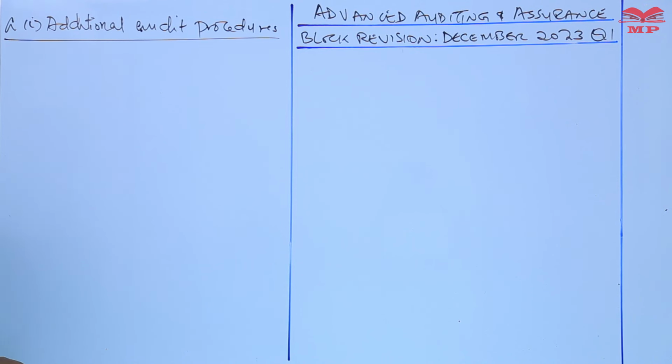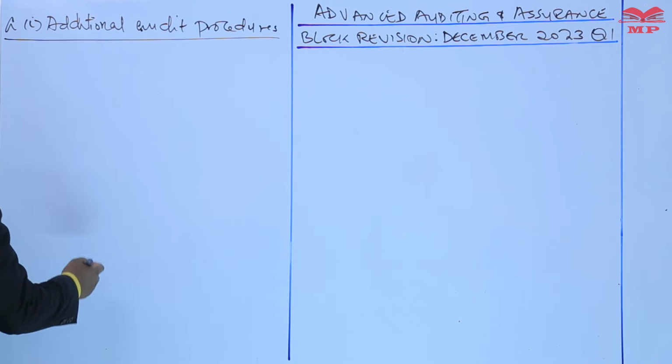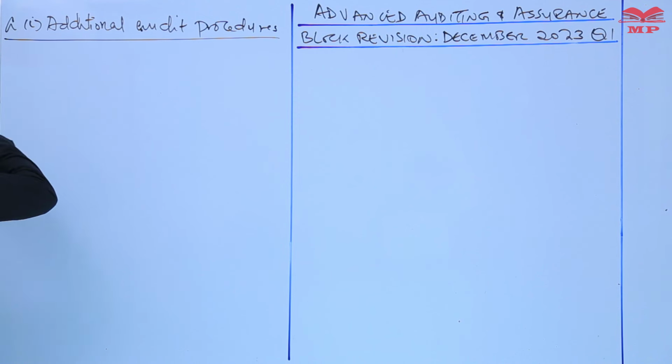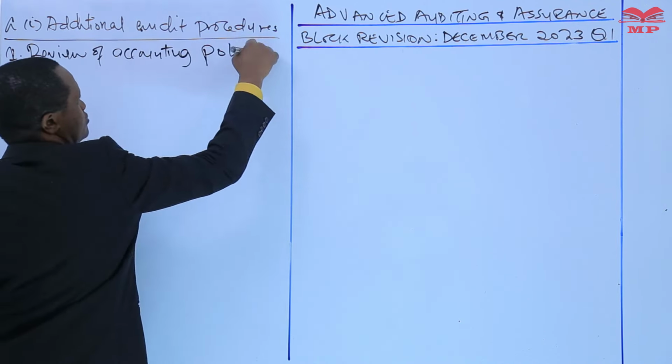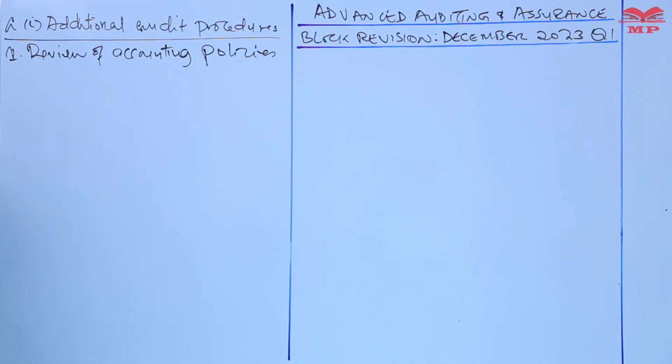Now, candidates, the first audit procedure is to review the accounting policies. The auditors should review the accounting policies of this company, Miradi Limited.